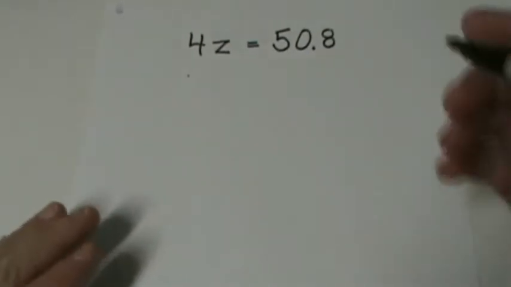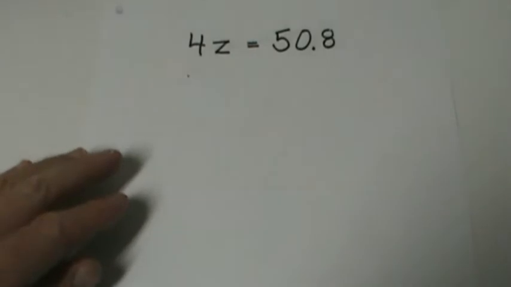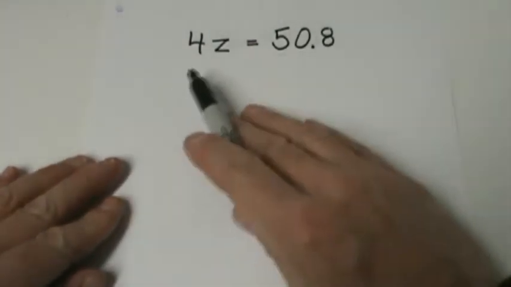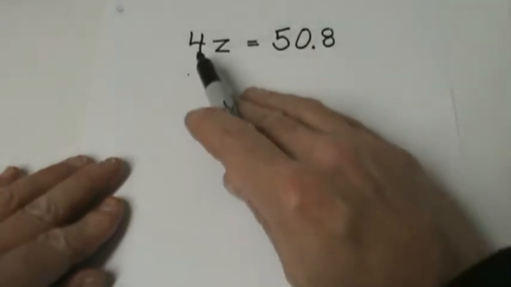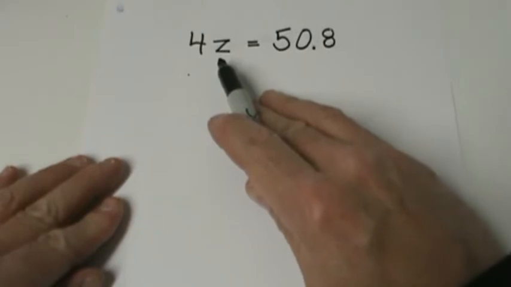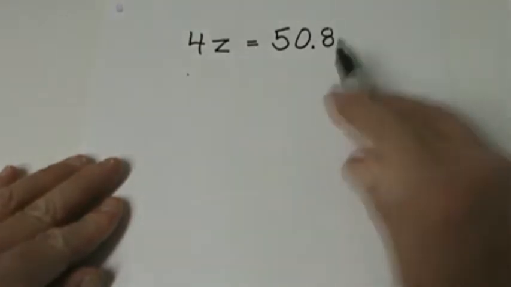All right, that is a great problem. Let's see if we can figure out the answer now. Patty's pretty good at these problems. Okay, and again, you read your equation to begin with, and we see we have 4 times some unknown number, z, equals 50 and 8/10.